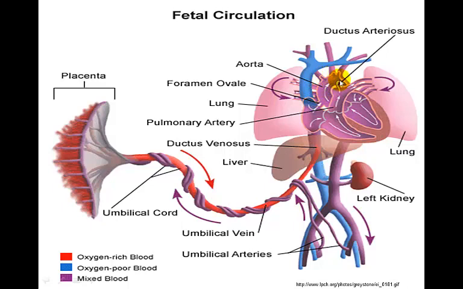And now this mixed blood, which has oxygen in it, will be shipped out to the brain and to the body through the arterial system of the fetus.